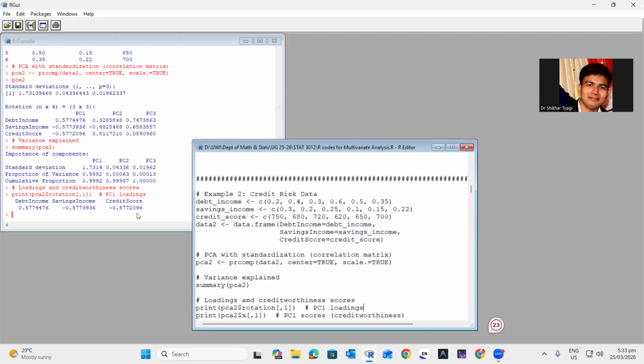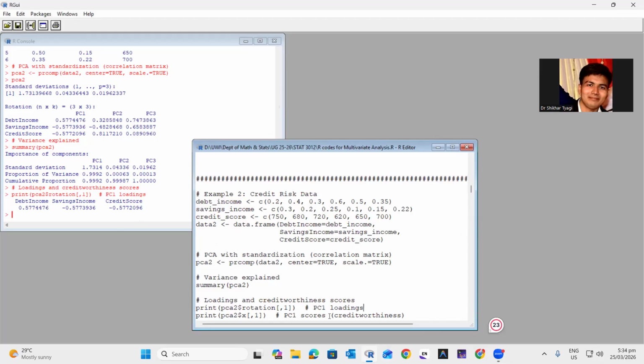So all loadings are about plus or minus 0.577, which is basically equal to 1 upon square root of 3. So PC1 is a contrast: high debt to income gives a positive contribution, and high savings to income and a high credit score give a negative contribution.